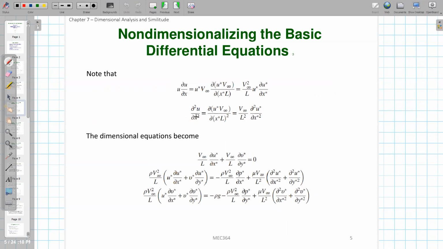If you have the second derivative, you can do similar things, and you get this one. After you substitute all these results into the momentum equation, you get the x direction momentum equation in this form, and the y direction momentum equation in this form.